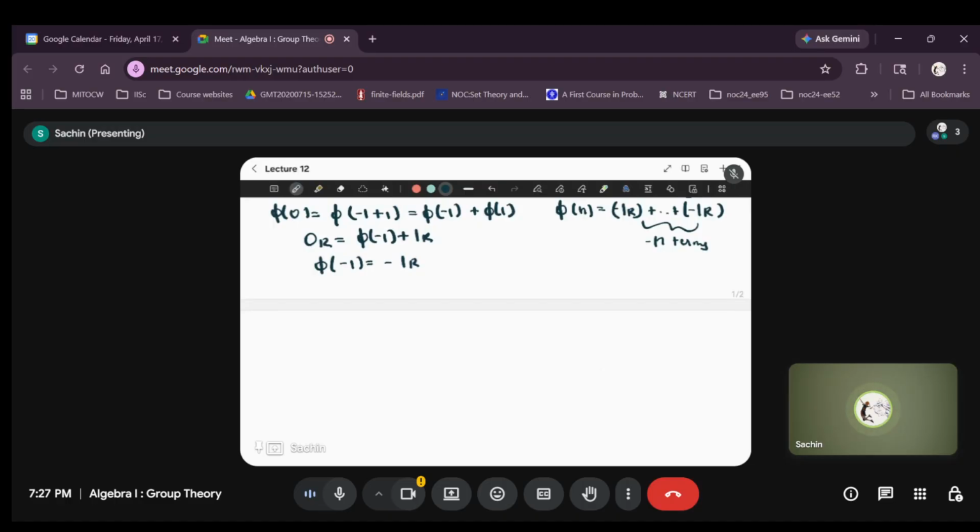Now this explanation, I don't know how much you understood, but when you go to a particular application, there you will find these ideas useful.